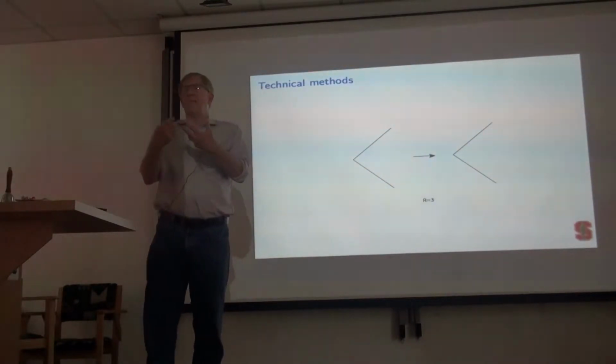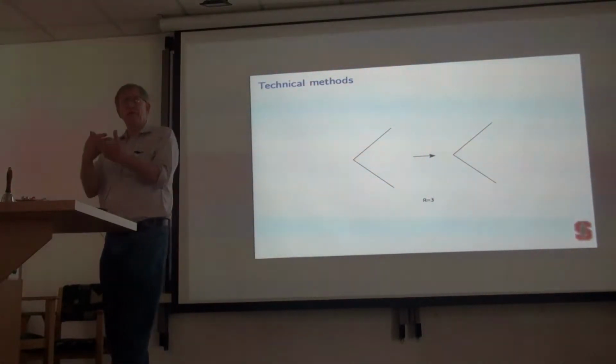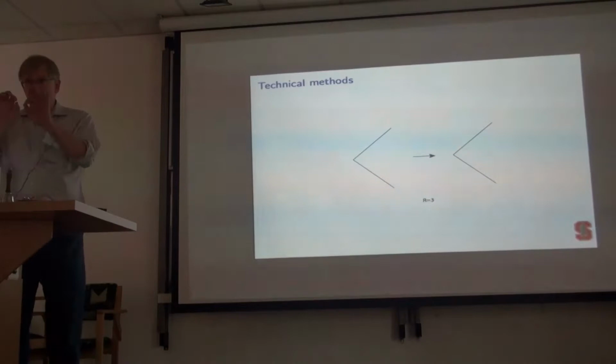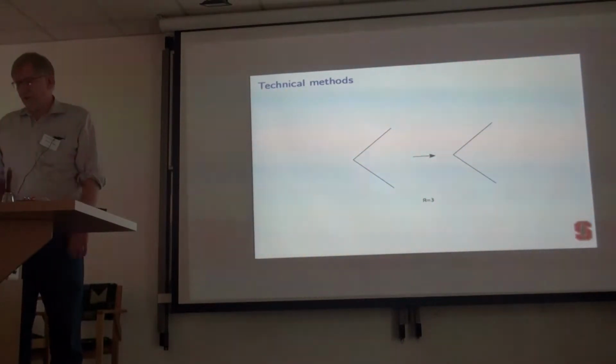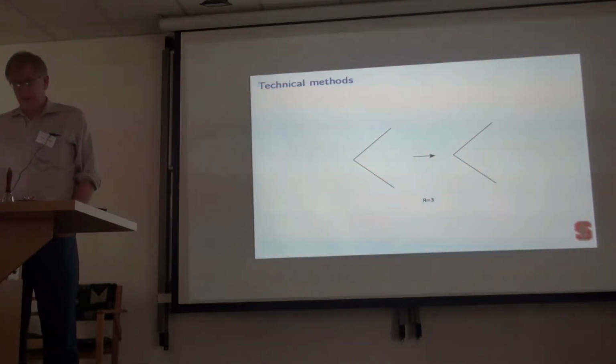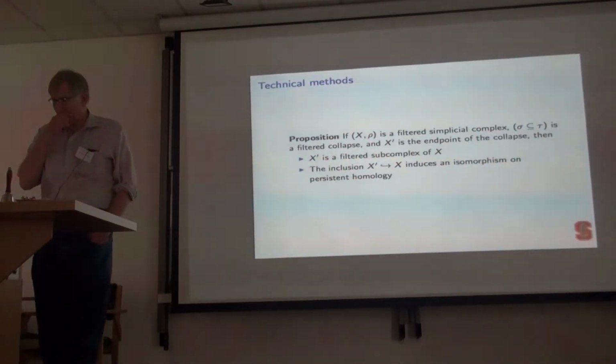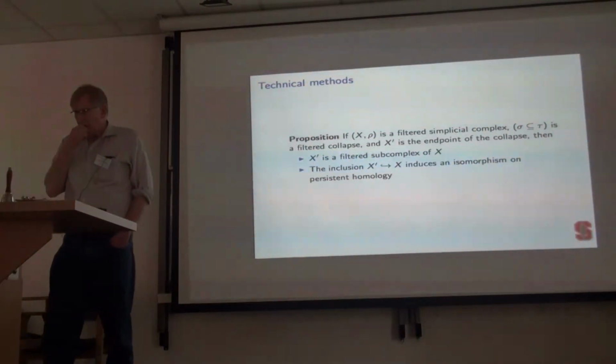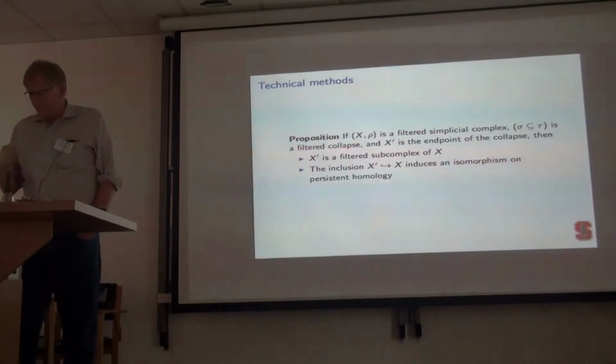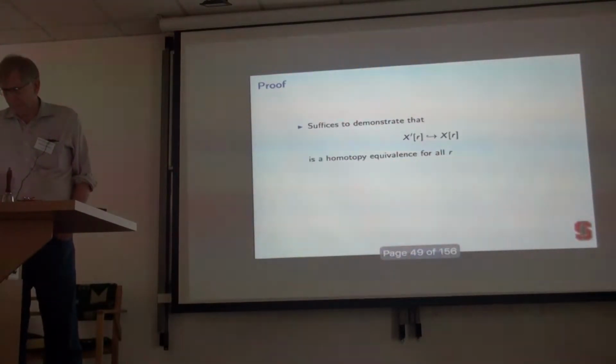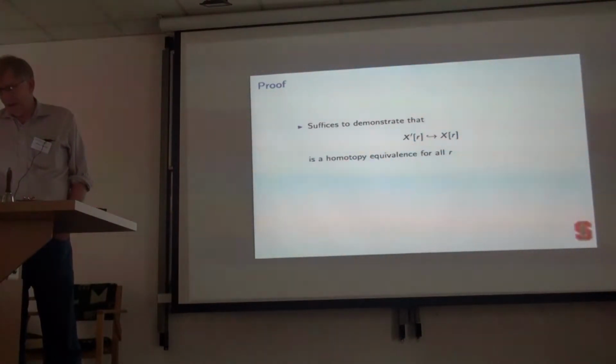So when I'm talking about a collapse here, it might mean a trivial kind of identity collapse at some filtration level, and at other filtration levels, it's an honest-to-God collapse. And the proof here, I won't run through.